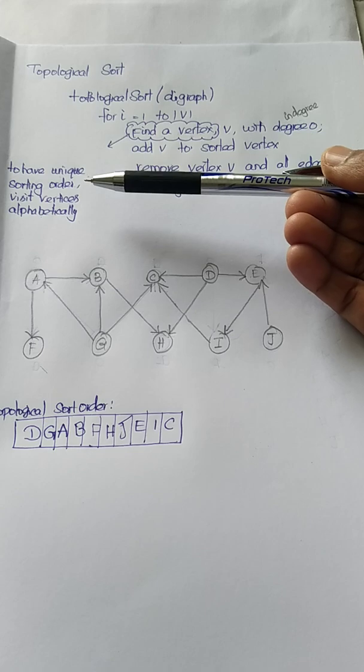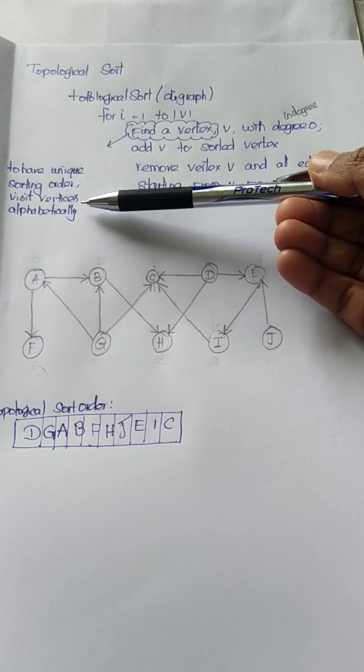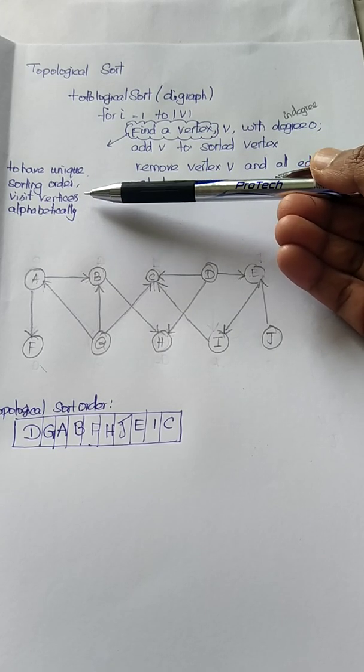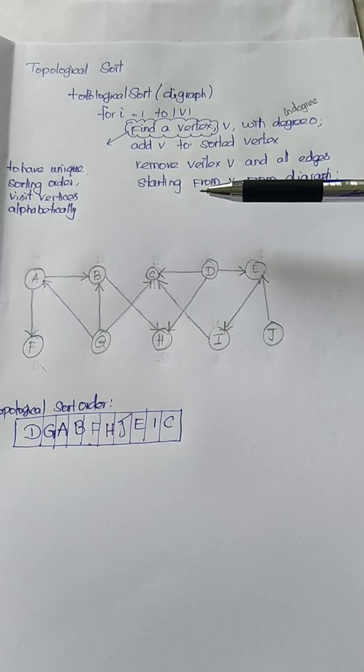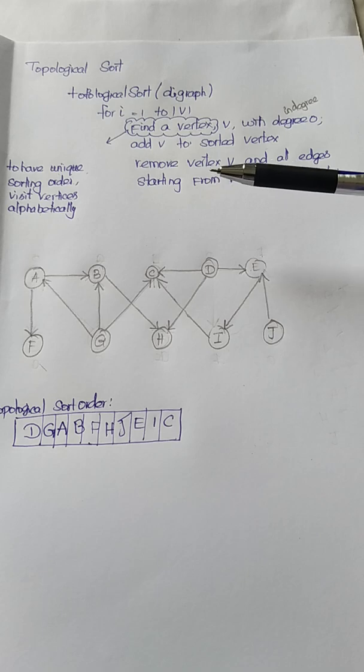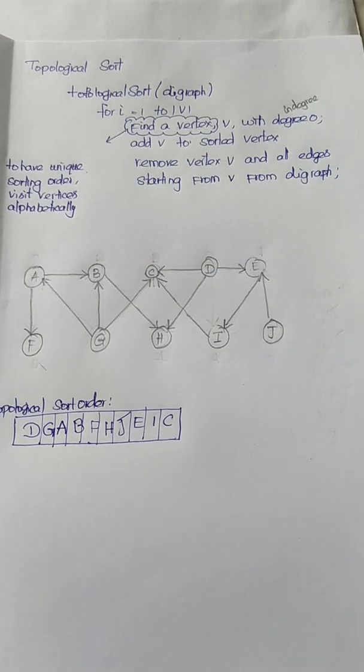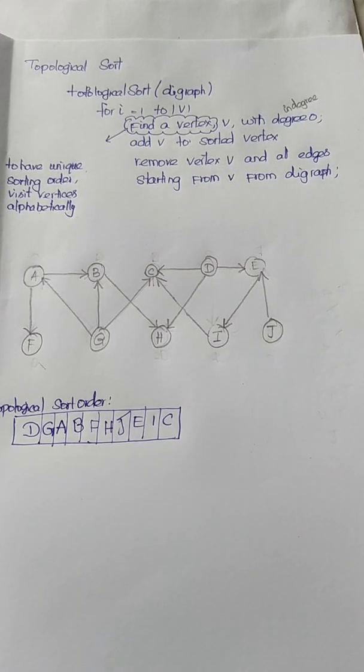That unique way is you are going to pick the vertices in alphabetical order. Like A and C means you will be selecting A, not C. So that is the technique we are going to follow.